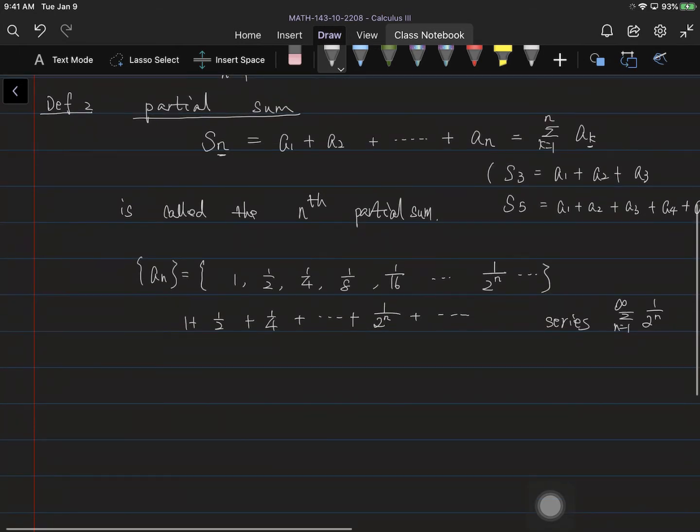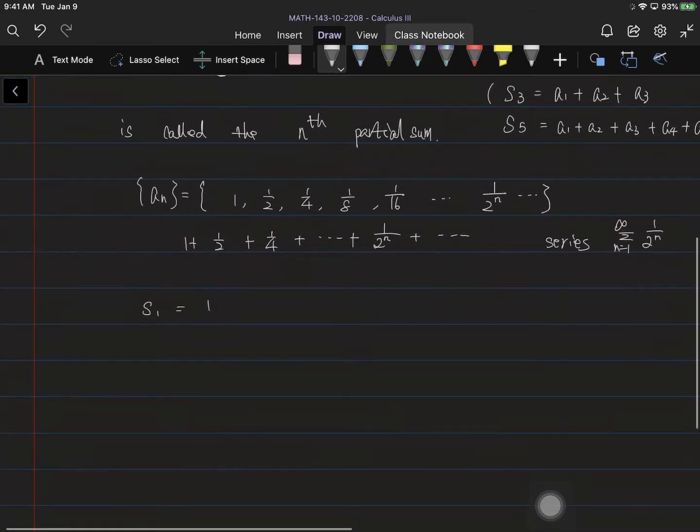And now let's take a look at the partial sum. Partial sum, let's see, S1. S1 means just 1, right? S2 means we add the first 2 terms together.